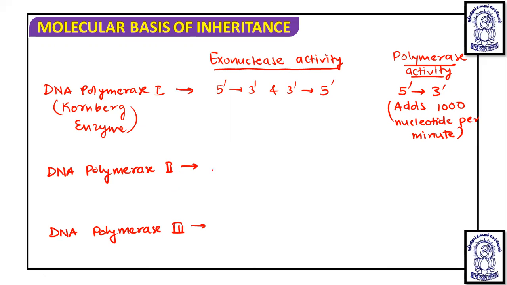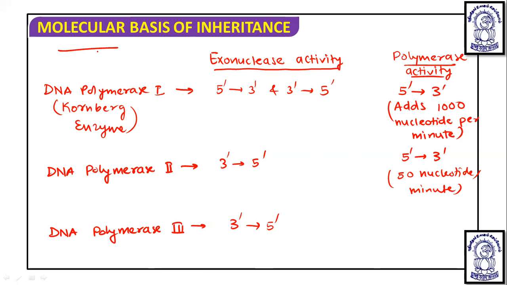Whereas DNA polymerase 2 has 3' to 5' exonuclease activity, and polymerase activity is 5' to 3', but the rate is lower: 50 nucleotides are added per minute. If we talk about DNA polymerase 3, it has 3' to 5' exonuclease activity, meaning it removes nucleotides from the 3' end.